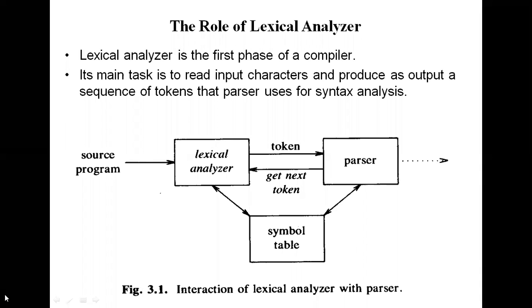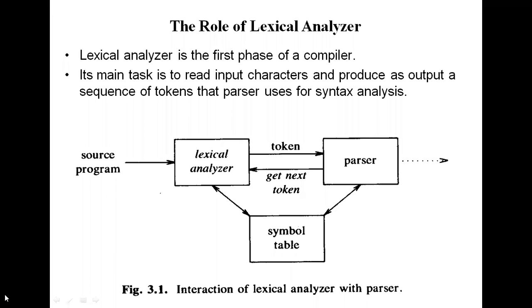The next step is that the parser, to determine the syntax of the source program, can use these tokens. See here in the structure we have two phases: phase 1 is the lexical analyzer phase and phase 2 is the parser phase. Both phases are connected to a symbol table.